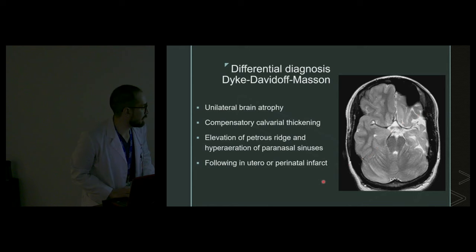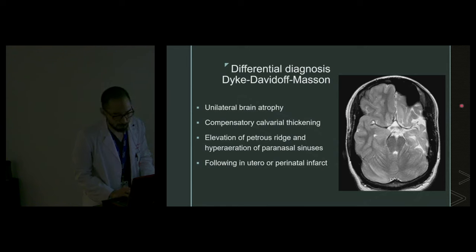We can see also elevation of the petrous ridge and hyperaeration of the paranasal sinuses, which we can see in this one, the left frontal sinus very enlarged. And this will be following an in utero or perinatal infarct. This disease is also known as prenatal or neonatal hemispheric infarction.